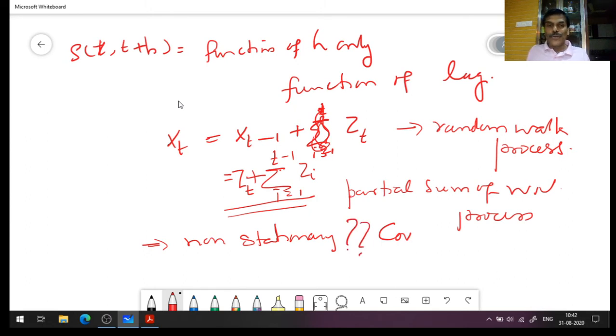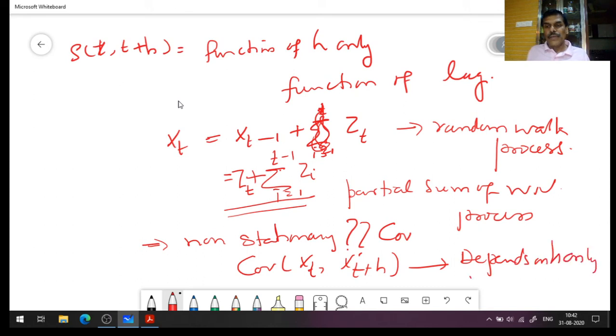I think you will be able to do that exercise: find the covariance between xt and xt+h, and show that it depends on t. That's what you are trying to establish.